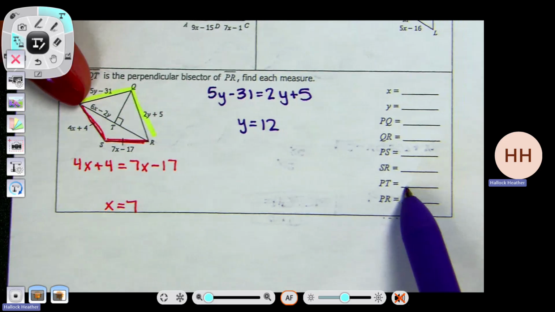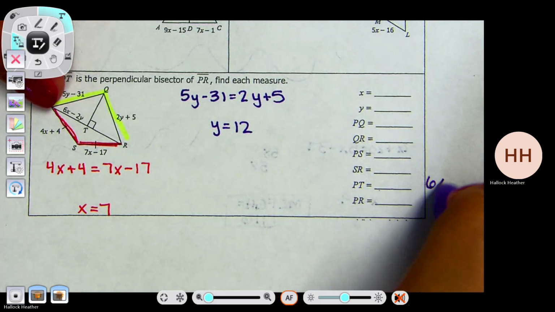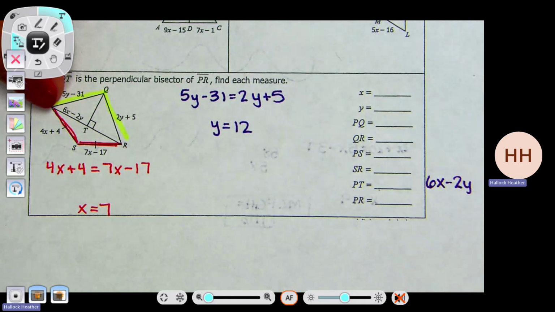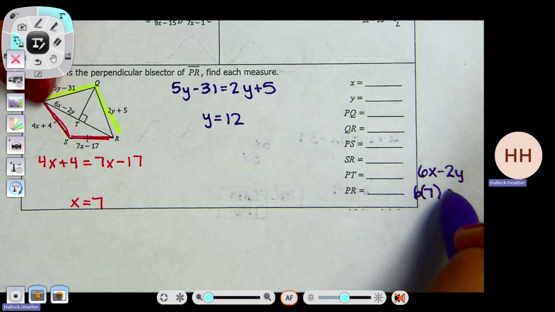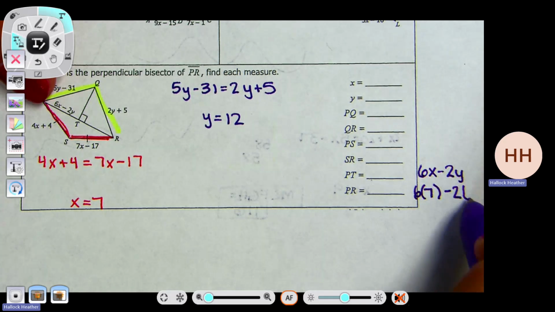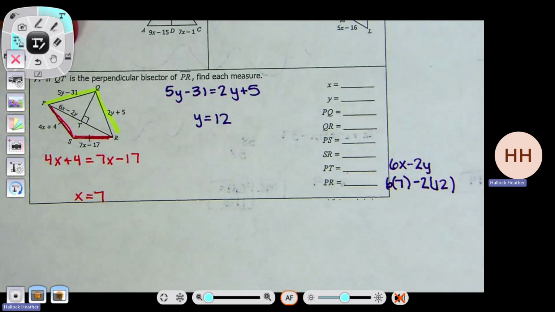PT's down here. So when you get to PT, it's 6X minus 2Y. So you're plugging in X and Y. So you're doing 6 times 7, and then 2 times 12. And then you're solving. Because you have to plug in X and Y. Yes, literally. And then that's the answer.